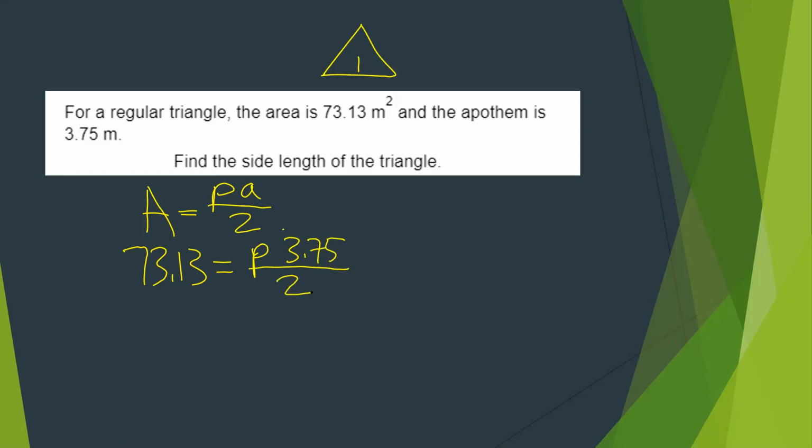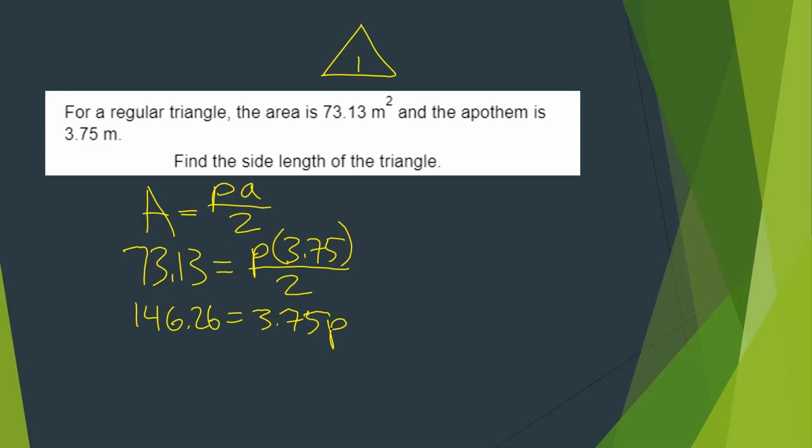We're dividing by 2. Let's go ahead and multiply each side by 2 to start off. And that'll give us 146.26 equals 3.75 times your perimeter. Divide each side by 3.75.